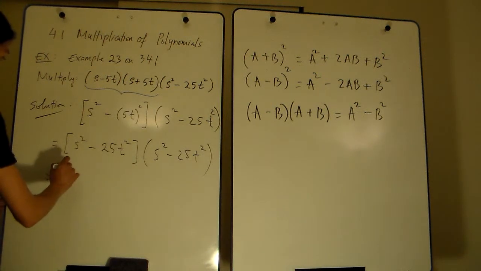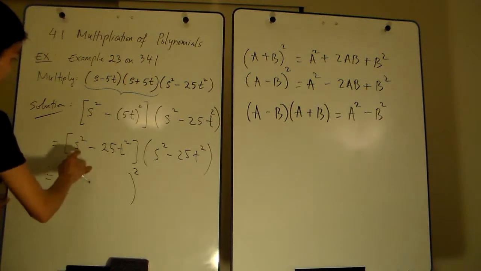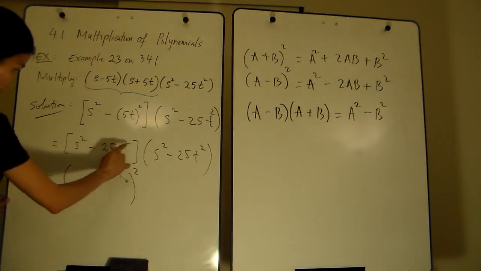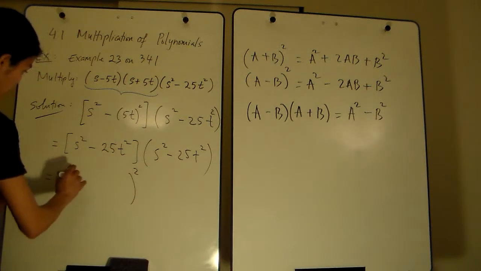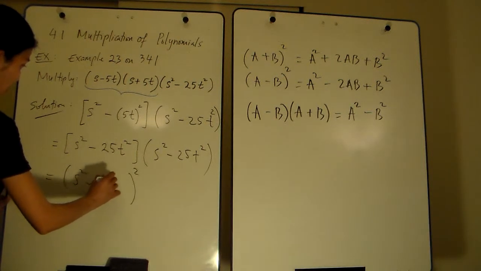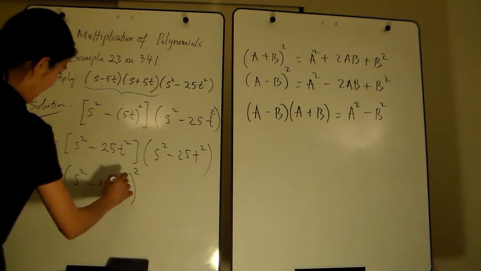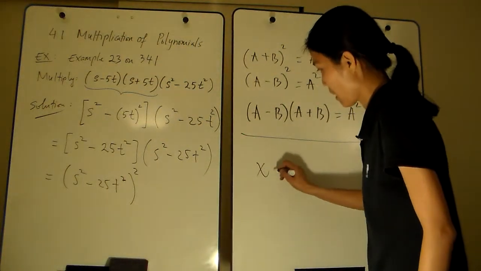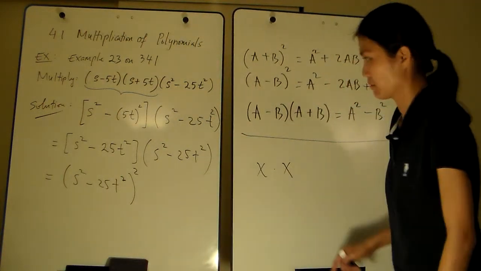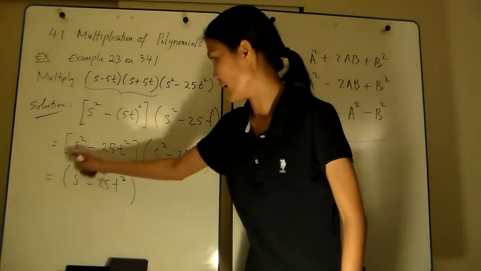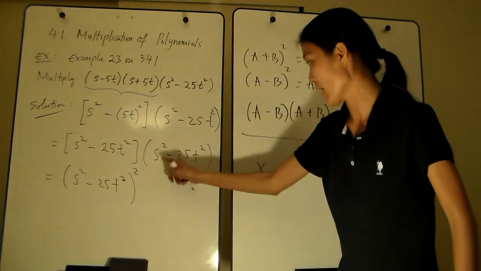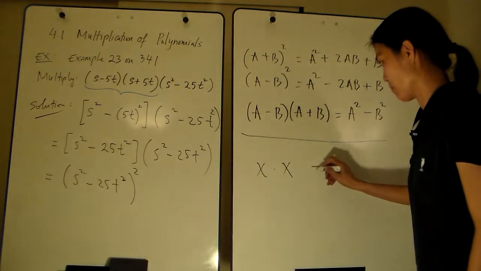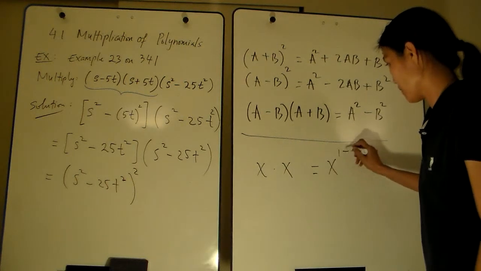What I mean is that they're squared. If you multiply s squared minus 25t squared by itself, you get a square here. So s squared minus 25t squared, squared. If you don't see that, that's okay. Think about x times x. Same thing here, treat the whole thing like x. X times x is what? X, 1 plus 1, right?